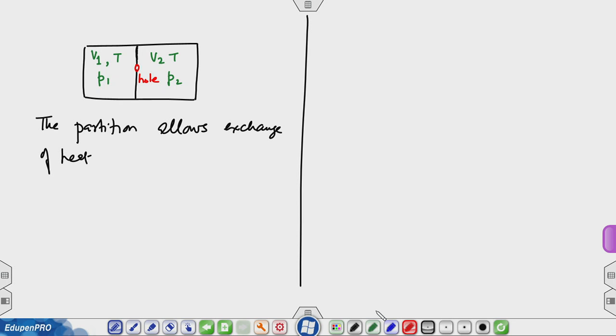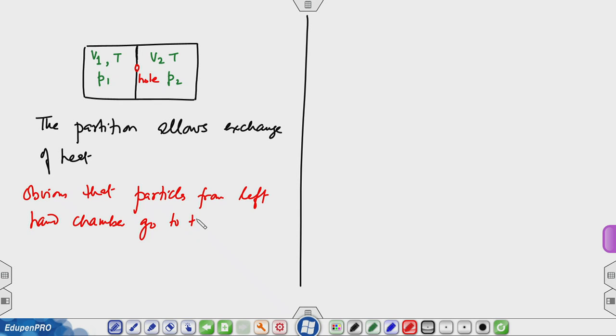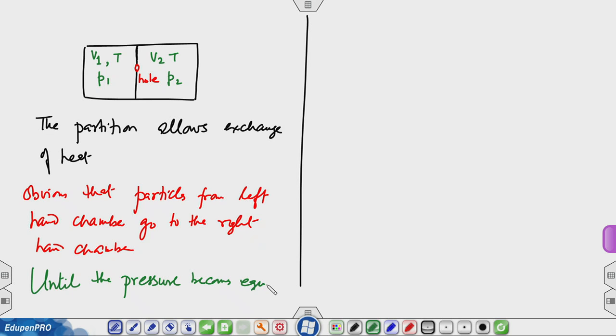Now it is obvious that particles from the left-hand chamber go to the right-hand chamber until the pressure becomes equal in the two chambers.